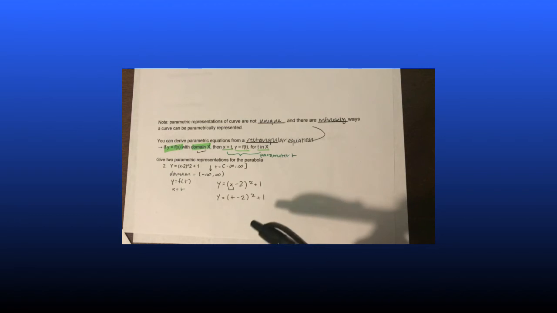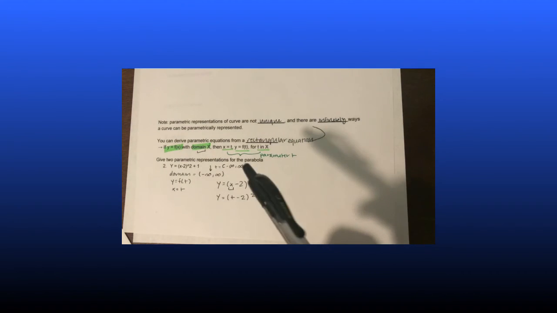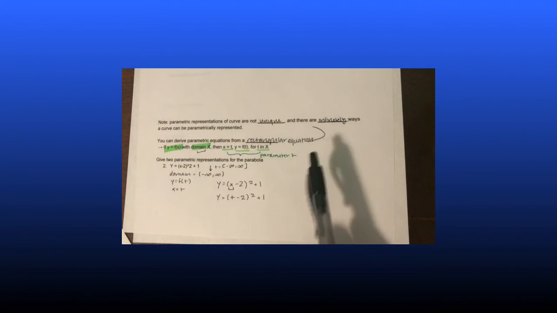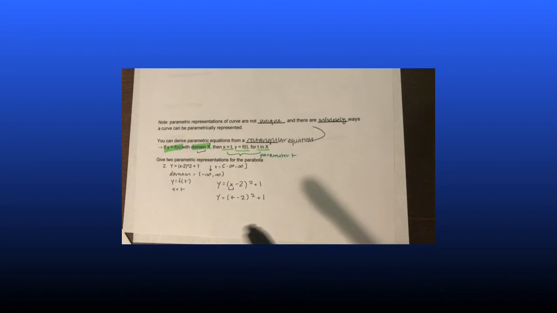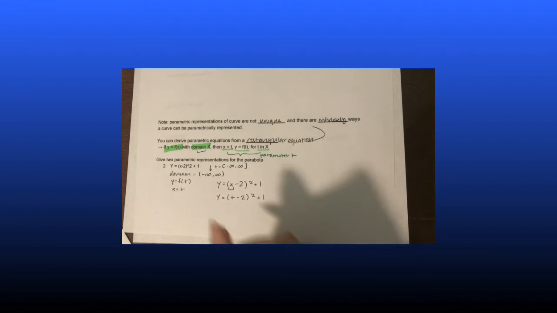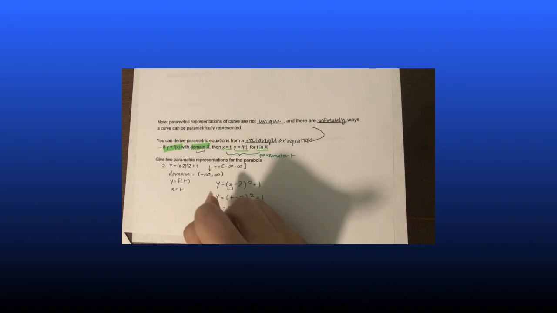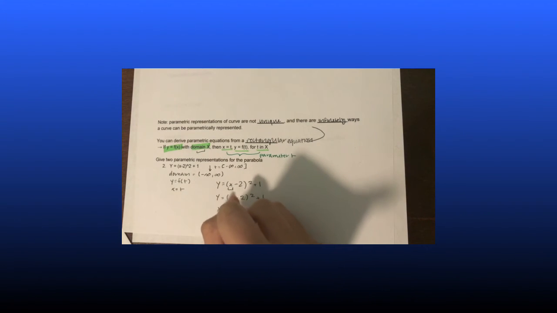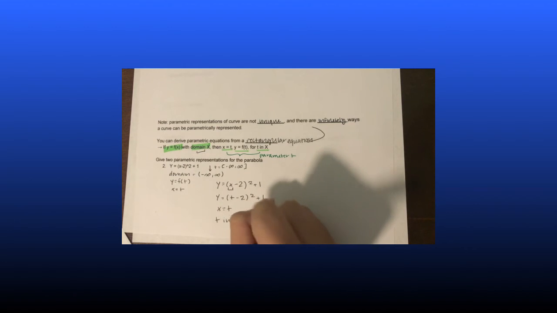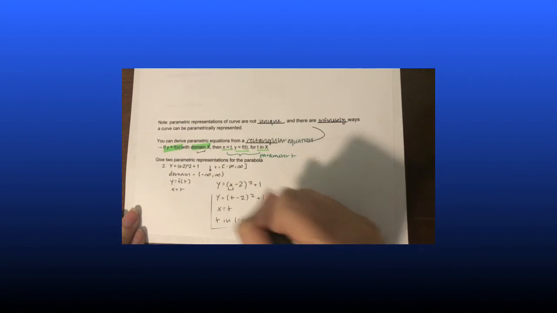As I was saying, we know that y equals f of t. We replaced x with t, so we're good on that. And we know that x equals t. You can go through all the trouble of solving for t through this and plugging it in, but you can just leave it for simplicity's sake as x equals t, y equals (t minus 2) squared plus 1, and t in negative infinity to infinity.